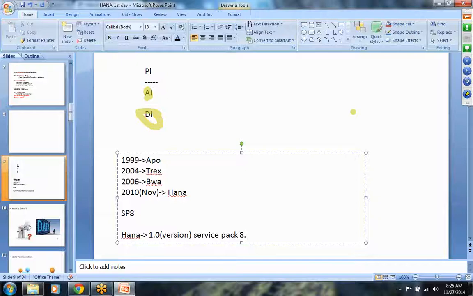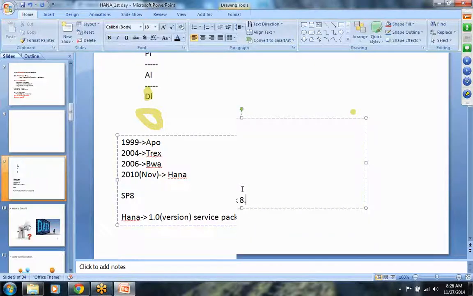So different HANA editions are available in different packages as per the client requirement, like our car with different modules. So SAP is not providing the hardware to customer. When a customer purchases HANA, SAP is not providing any hardware here. Then who is providing the hardware to the customers? When they purchase a HANA, who is providing the hardware here? The vendors.